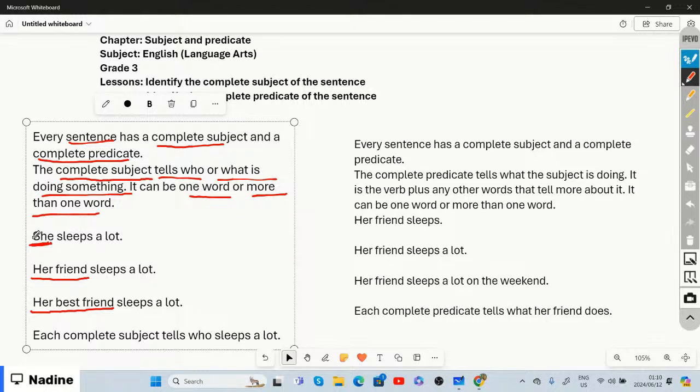So a complete subject tells us either who is doing something or what is doing something, and it can be one word or more than one word.